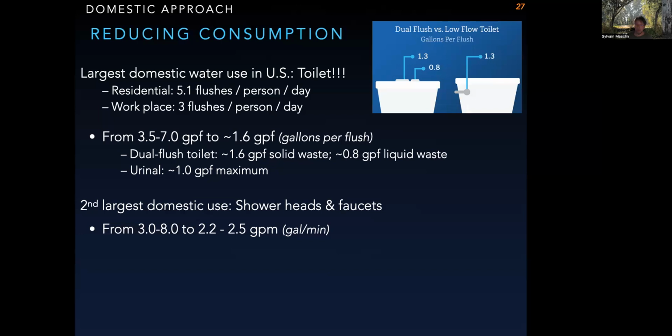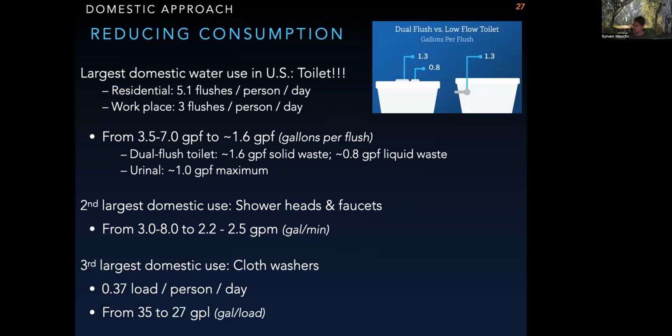The amount of water has been reduced by between half and a third, giving about the same feeling in terms of the water that we're receiving. So that has been a pretty good improvement. Then also the washing machine: they've been working hard to move from about 35 to 27 gallons and even less per load. So there have been some consequent improvements.